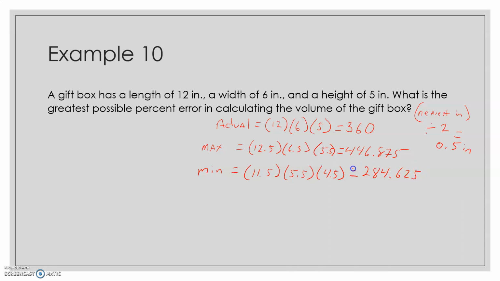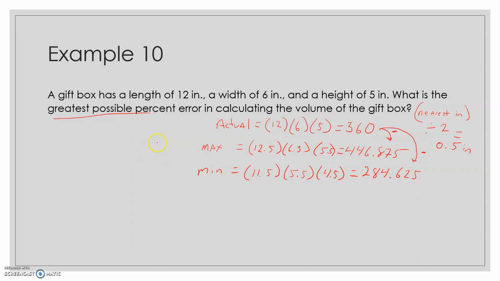And when we multiply all those together to find the volume, we get 284.625. And then for finding the greatest error, right? That's what it asks us. What's the greatest possible error? We need to find out which of these distances is greater. And so we're going to do 360 minus 446, like we're going to subtract from here. And we're also going to do 360 minus that amount there, and I'm going to put these over here.